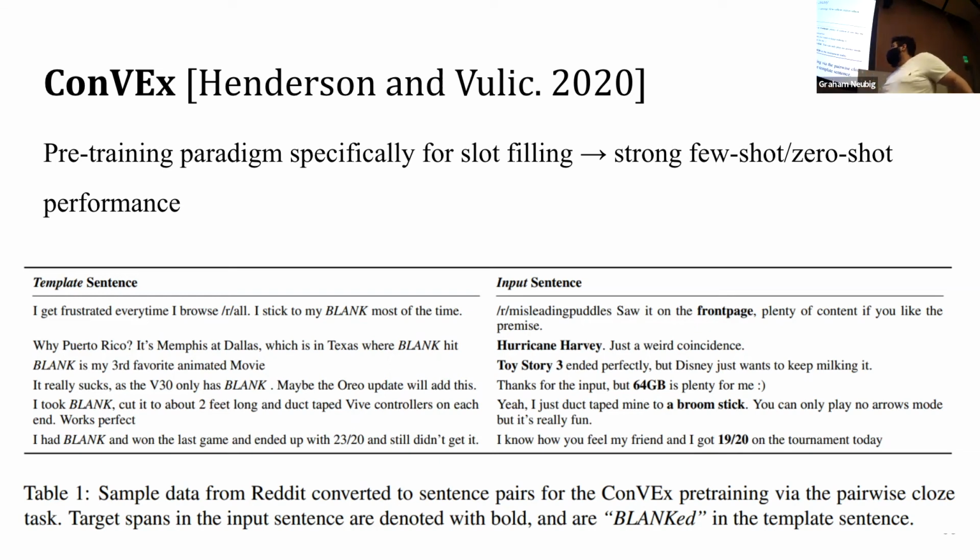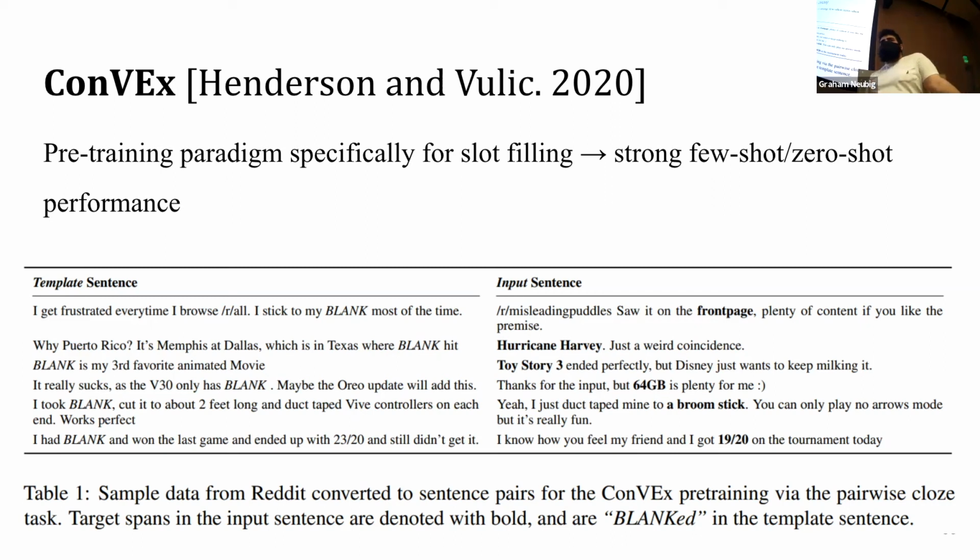And then they took the input sentence, they have the template sentence with the entity blanked and the input sentence with the entity not blanked. And the objective of the model was essentially to identify which set of words in the input sentence match the blank in the template sentence. Does that make sense?